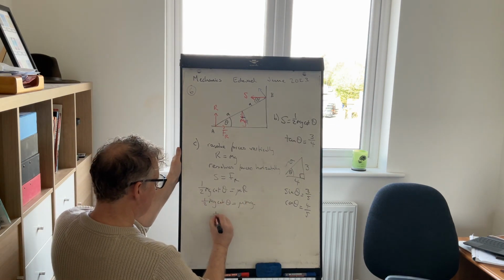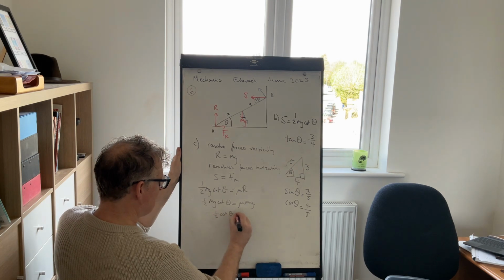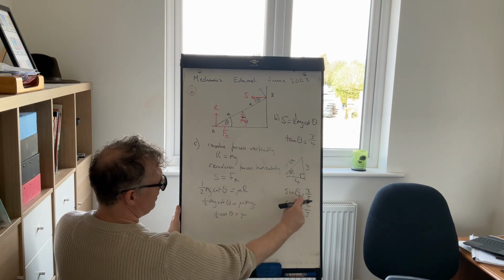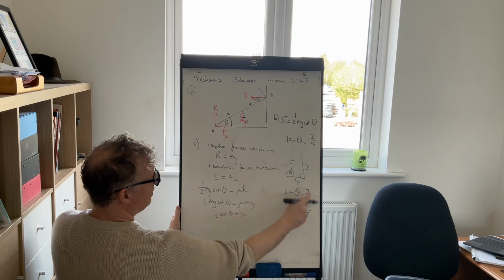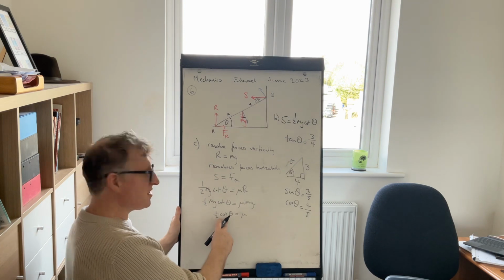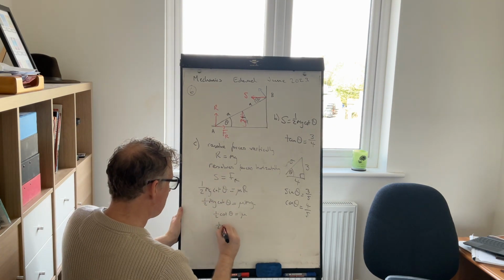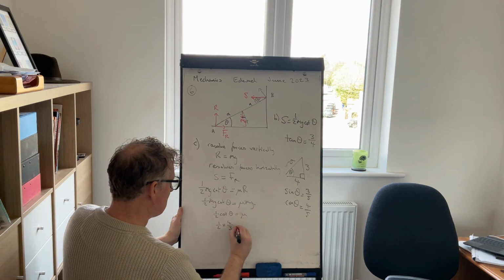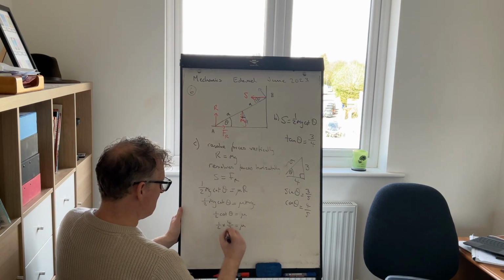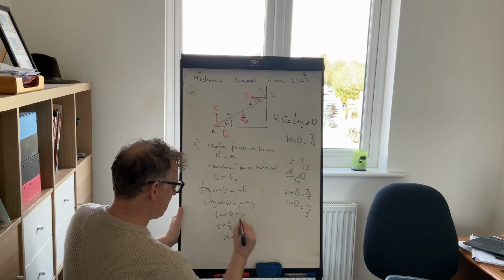So we're now at a half cot theta equals mu. Now, silly me, if tan theta is 3/4, doesn't that mean that cot theta is 4 over 3? So therefore, a half times 4 over 3 is what mu is, and therefore mu is 2/3.